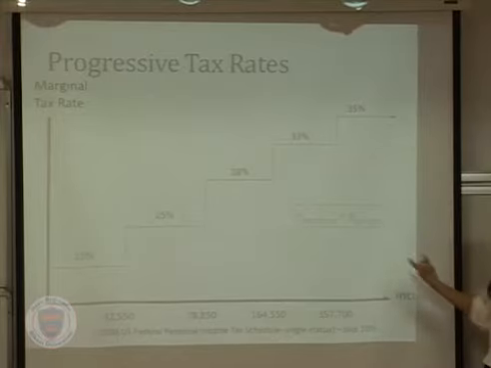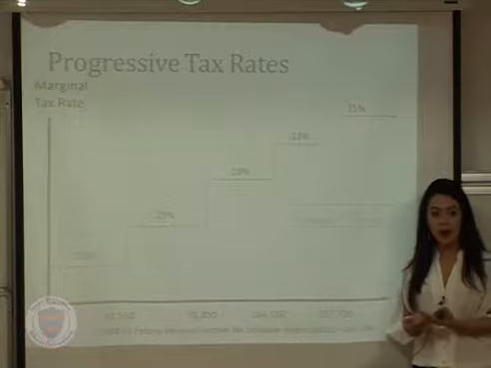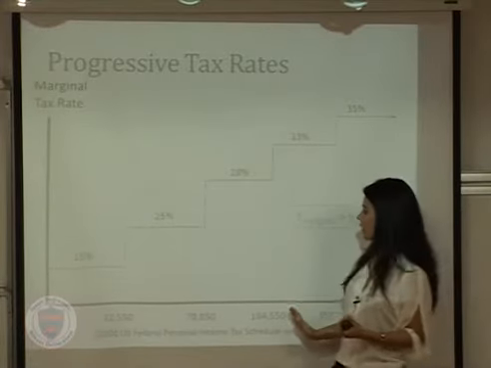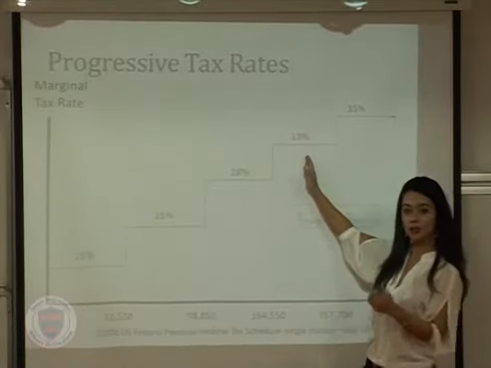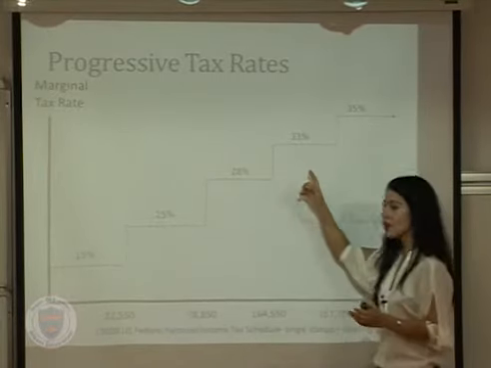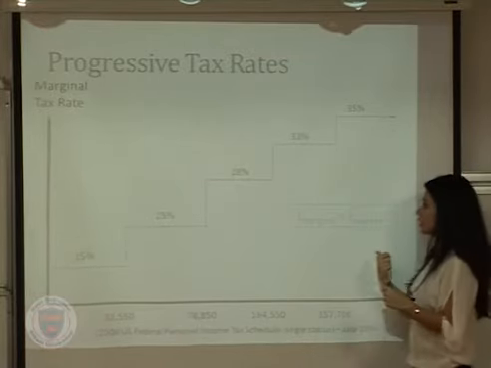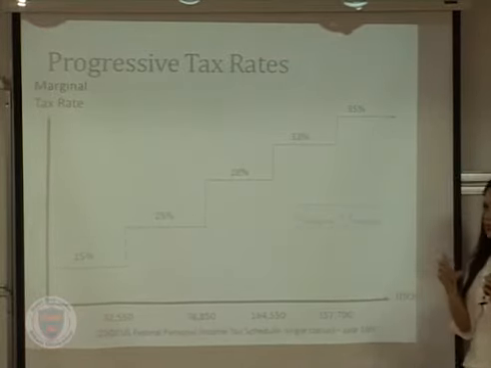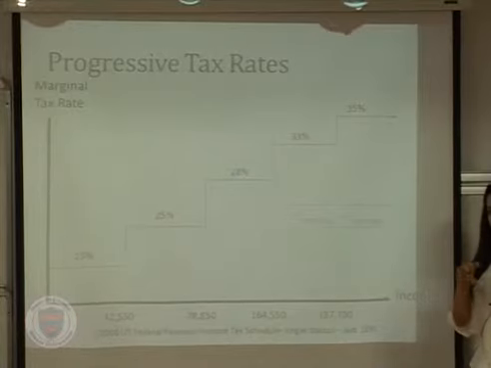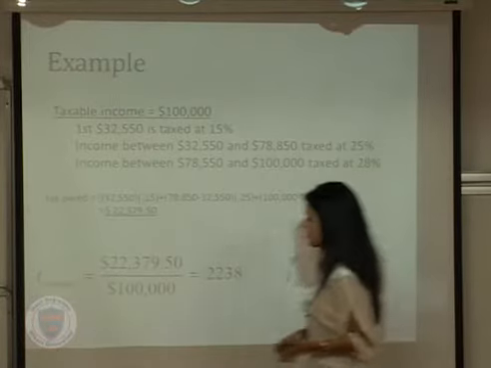And in general, the marginal tax rate is higher than the average level. Why? Because for part of the income, you're actually paying less. If we look at the average tax rate, the summation of all the taxes you paid will be smaller. Let me show it in this example, it's going to be easier.